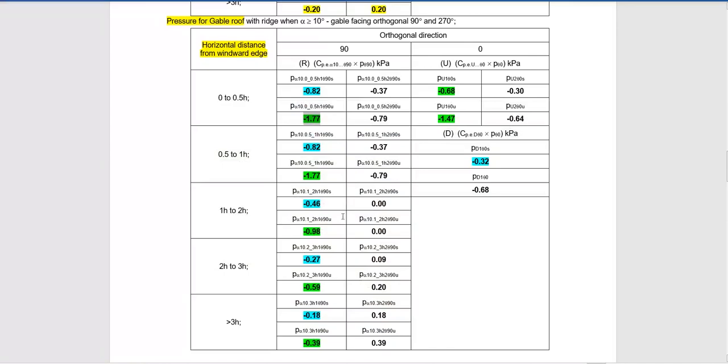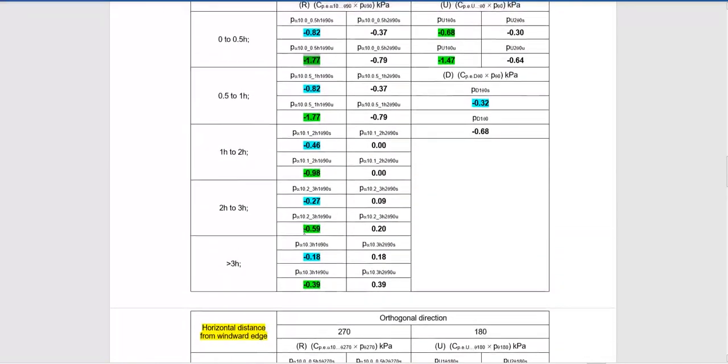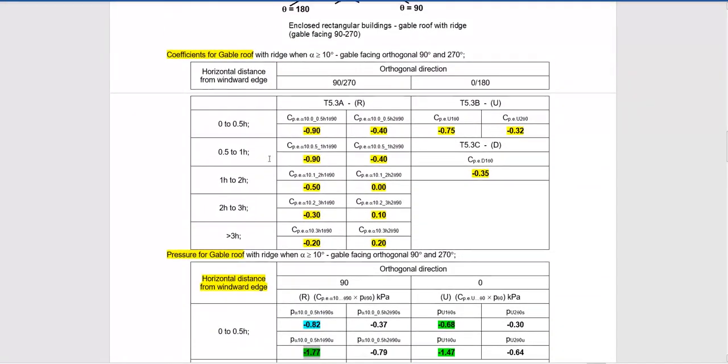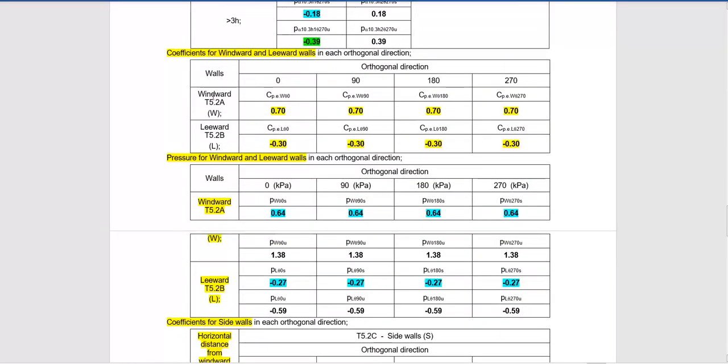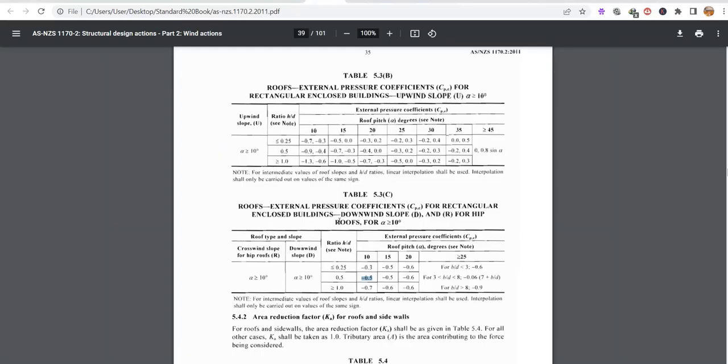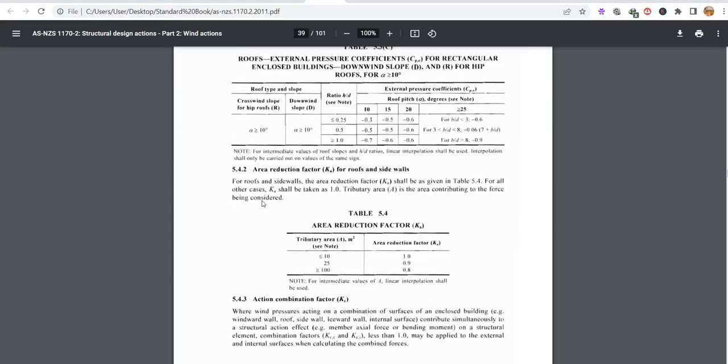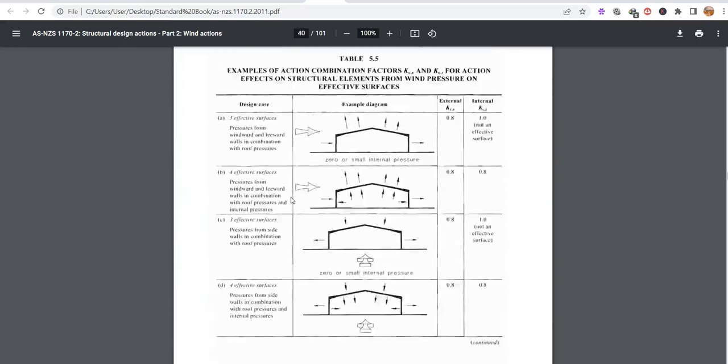So same thing, we need to go back to the code and get our external pressure for the wall, which is in the, let me see, roof external pressure. Okay, we are already done with that.